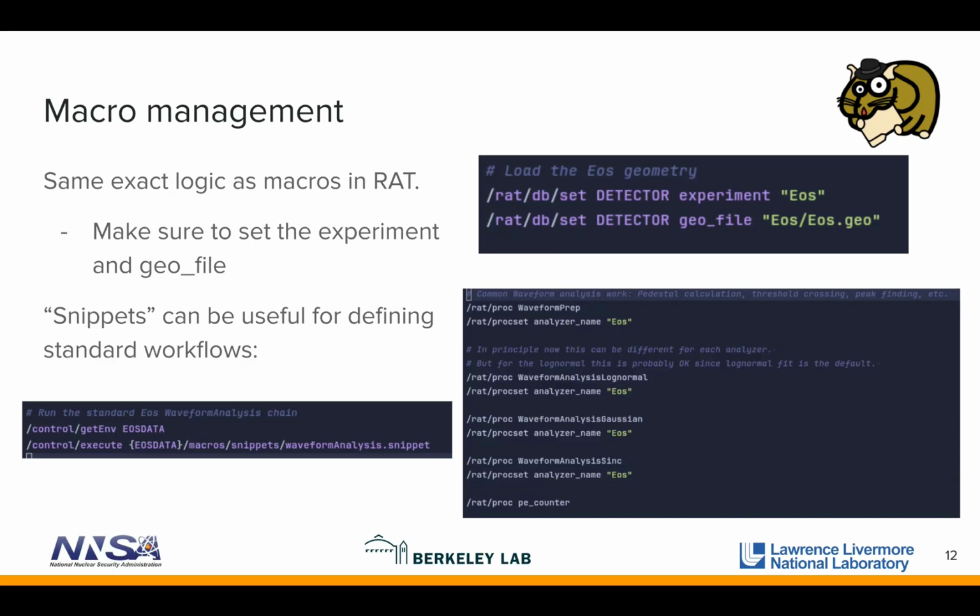And so you might want to do this so that somebody else who's just looking at data, who doesn't really care about how the waveform analysis is done, can just include that snippet in your main macro. So not everybody has to worry about every single detail about how the macro is run. And then on the left here is how you would include a snippet in a macro. So it's pretty straightforward.